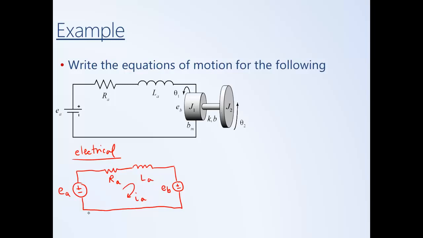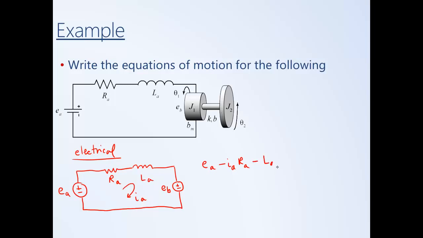So starting at this point of the circuit, moving in the direction that the armature current is flowing, we'll initially have a bump in voltage due to the voltage source. Then we'll have a drop across the resistor, where the drop is equal to the product of the current and the resistance according to Ohm's law.